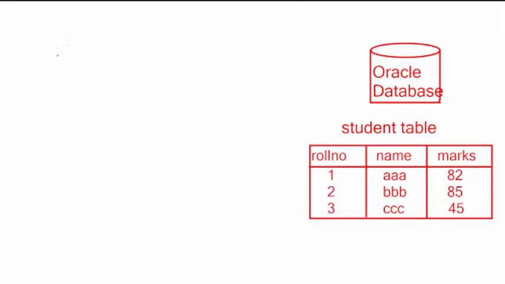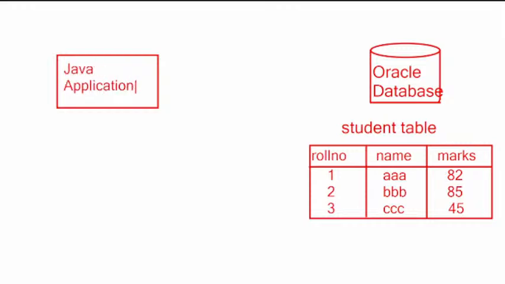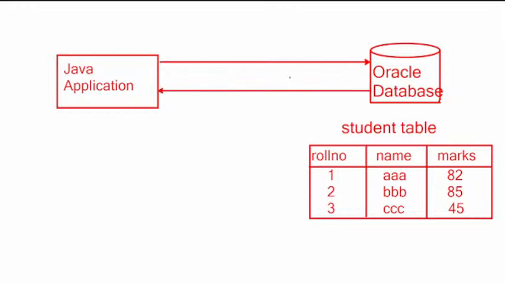Now through a Java application, I'll send requests to get the data. From the Java application, I'll send an SQL query, using execute, execute update, or execute query. Here, execute query.